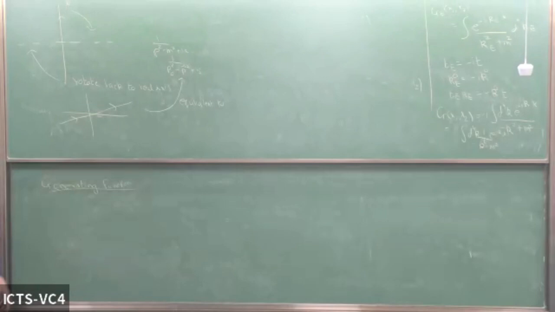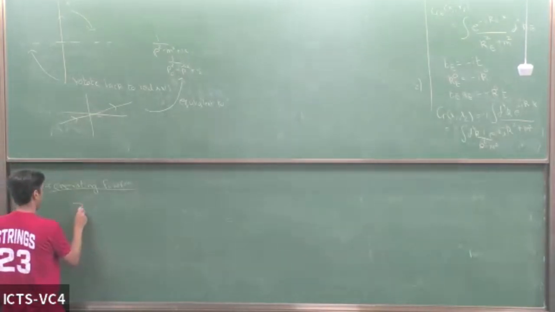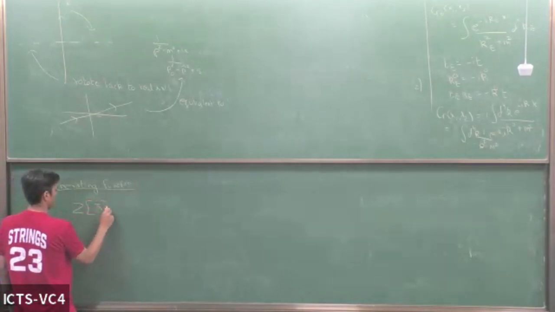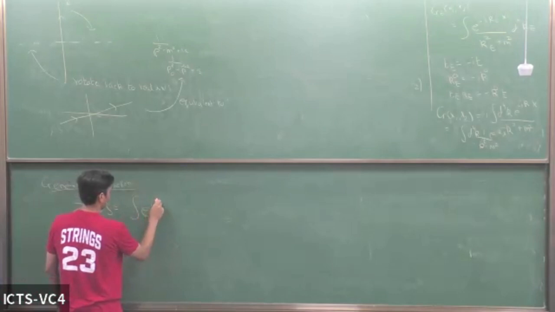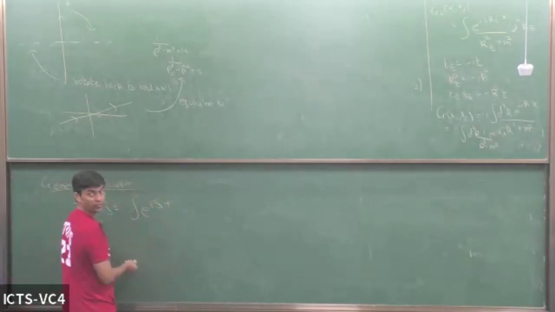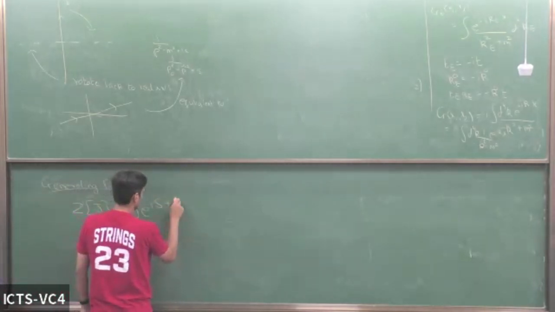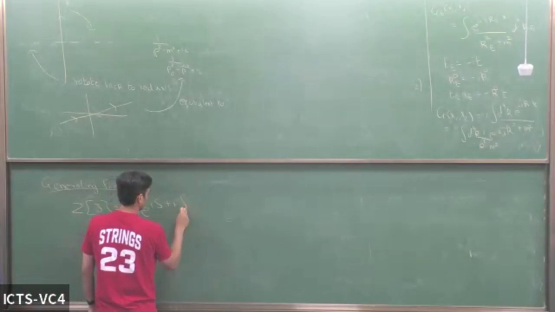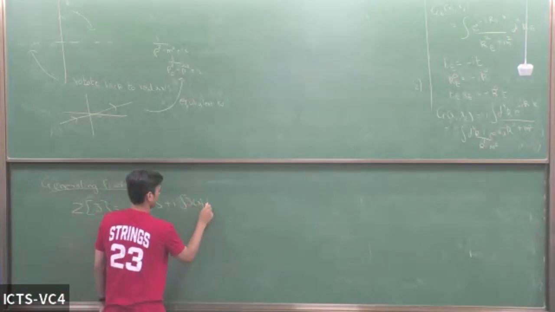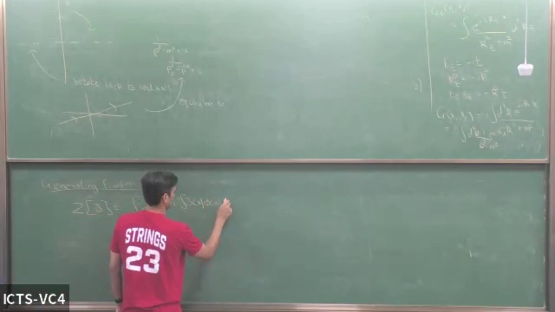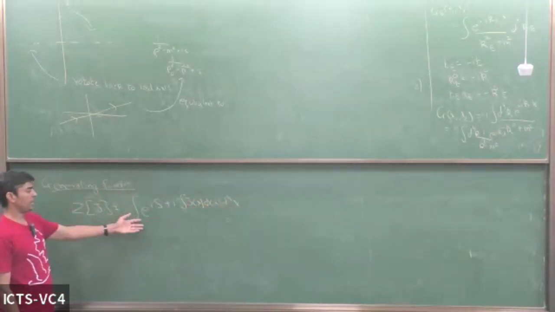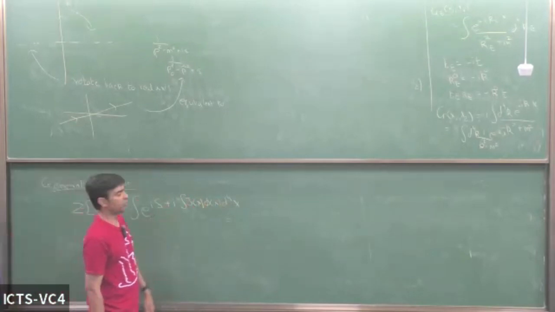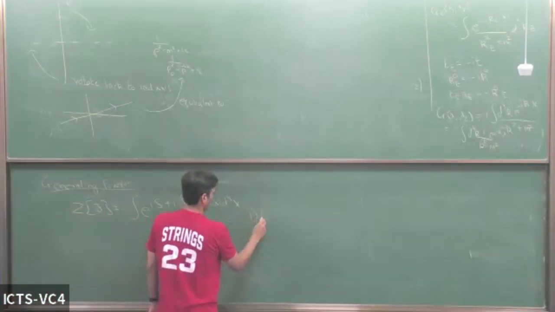The generating function just says, let's say I had a path integral with action S. This is the original action. I've just defined the path integral with this additional term added, where this was the original action.